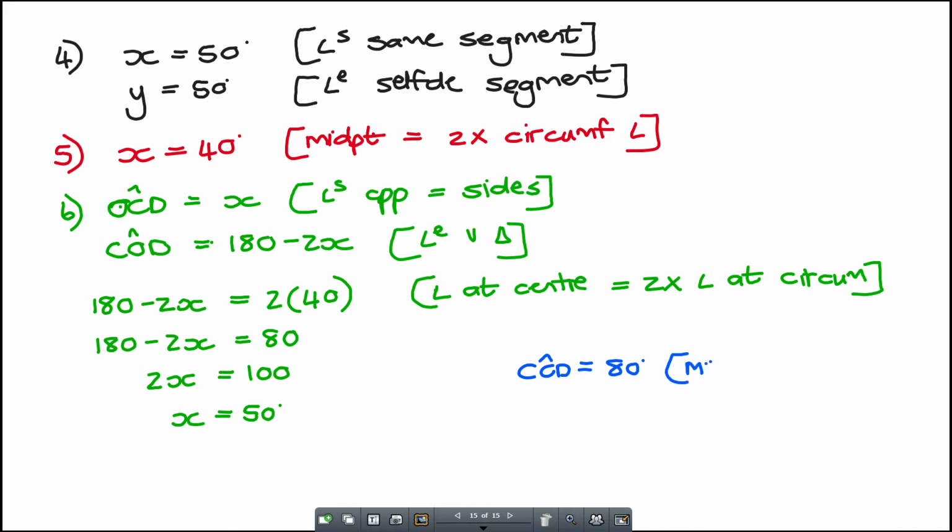Nee, want dit was daai middelpunthoek is gelyk aan 2 keer die omtrekshoek. Okay? Then he said OCD gaan wees x, want dis hoeke teenoor gelyke sye.